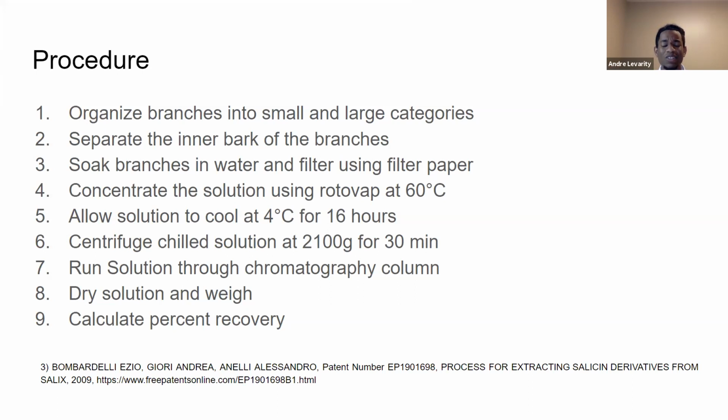I decided to use not all of the bark, but only the inner bark, because the outer bark contains a lot of tannins and all kinds of other compounds that would add to the mass, but not necessarily contain salicin. So to make it all comparative, I chose just to extract the inner bark of the branch. This added some time to the procedure, as I had to be careful and scrape off the outer bark and make sure none of the woody portions of the branch were included as well.